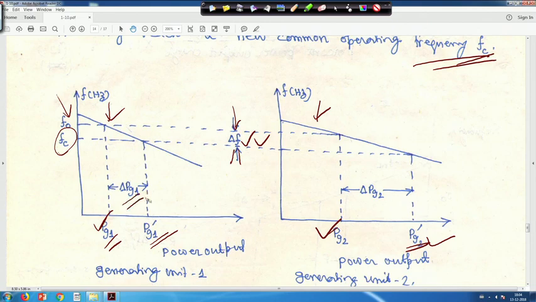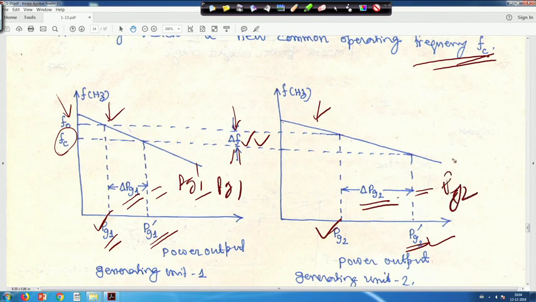That means this is delta Pg1 and this is delta Pg2. Delta Pg1 is Pg1 dash minus Pg1. Similarly, delta Pg2 is Pg2 dash minus Pg2.